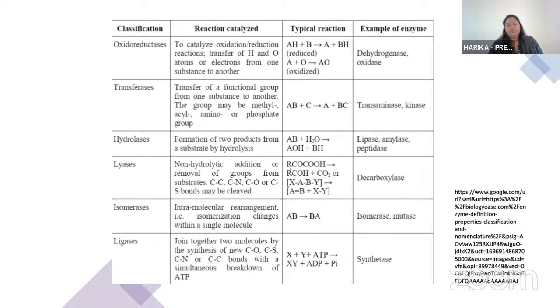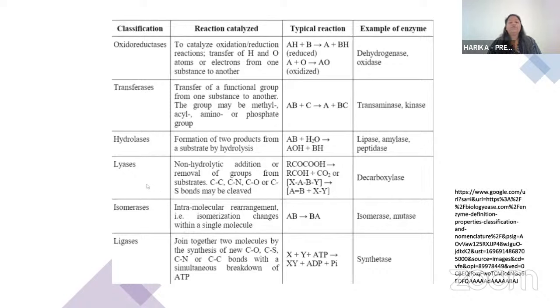Here is the example: RCOCOOH is split into RCOH plus CO2. So lyases split up these bonds. One example is decarboxylase.